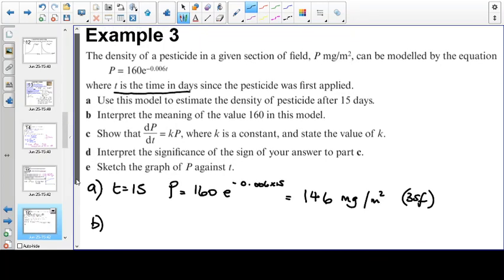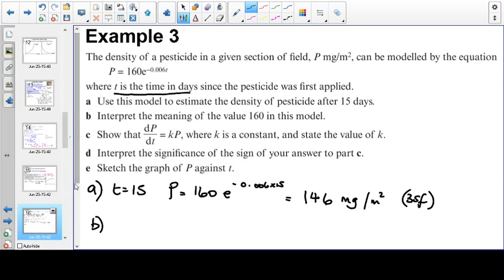B, interpret the meaning of the value 160 in this model. Well, p is 160 when t is 0. So when t equals 0, p is 160.